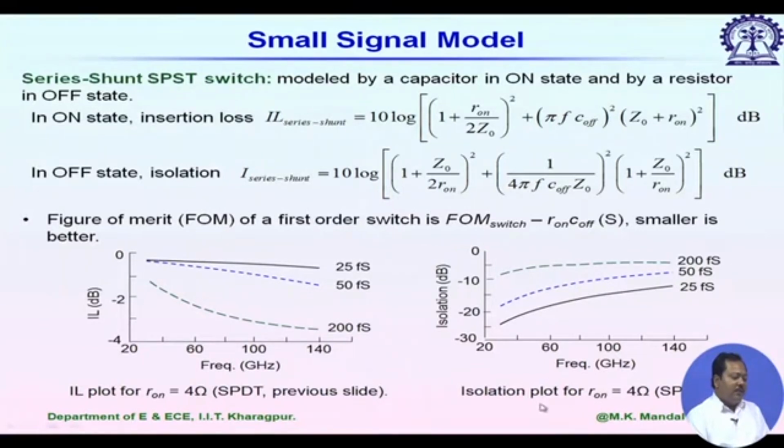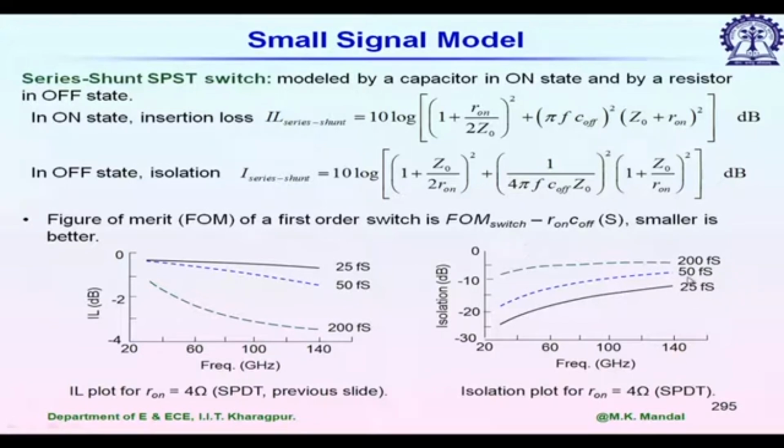Now, the right hand side figure shows the variation of isolation. For 200 femtosecond, you see at 30 gigahertz we have at least 7-8 dB isolation, but at 140 gigahertz it is less than 5 dB. We do not have any isolation.